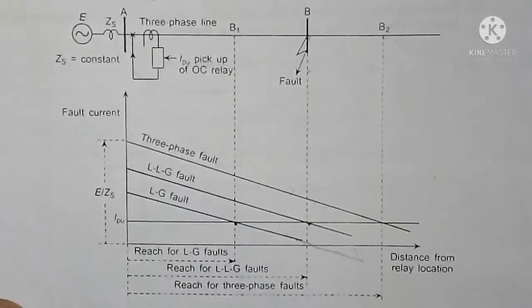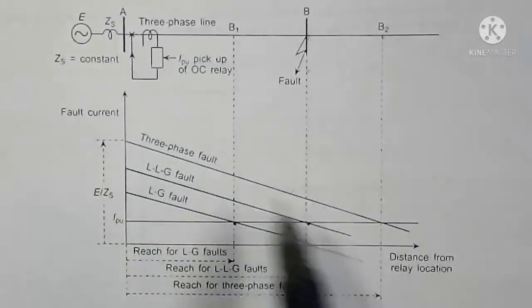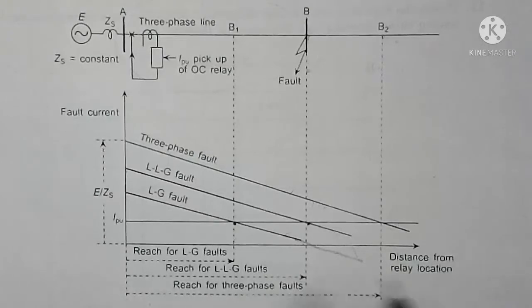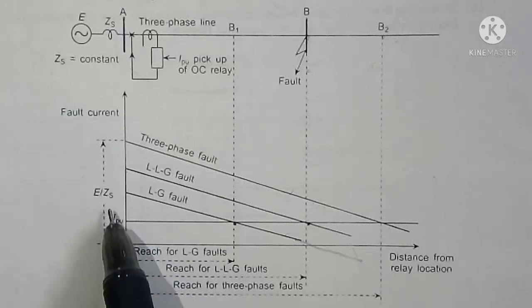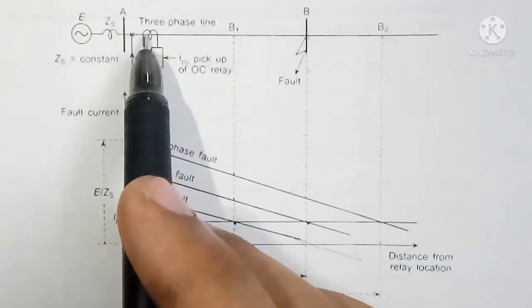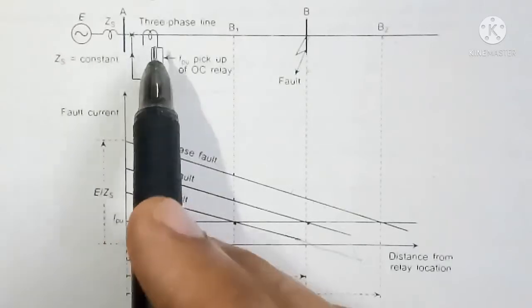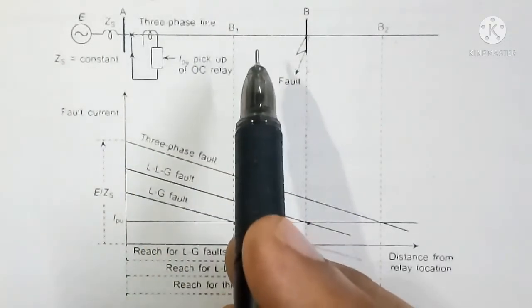Now refer to this graph here, which is for fault current versus distance from relay location. At relay location, impedance is minimum, that is only the source impedance. Between this point and the source there is only source impedance, that is minimum. So current is maximum for any type of fault.